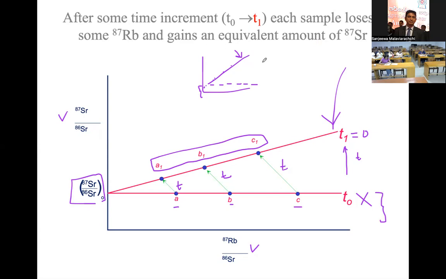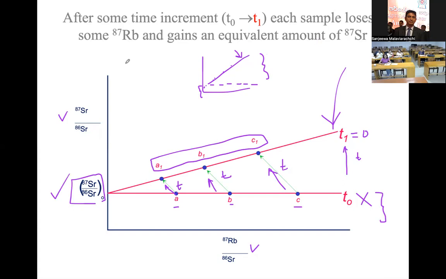That is what we are later arriving at, right? So the original composition is this one. After t time elapses, this rock A will evolve like this, this will evolve like this, this will evolve like this, and this will evolve like this. That is what is happening.